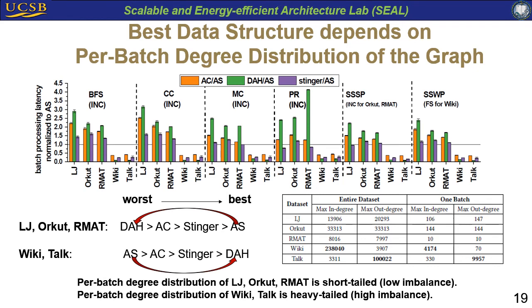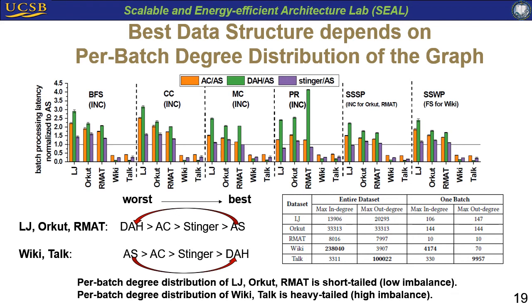On the other hand, for wiki and talk datasets, the AS is the worst data structure, whereas the degree-aware hashing is the best one. Further experiments show that the key difference between these two categories of datasets is their per batch degree distribution. For LJ, ORCUT, and RMAT, their batch degree distribution is short-tailed or low imbalanced.